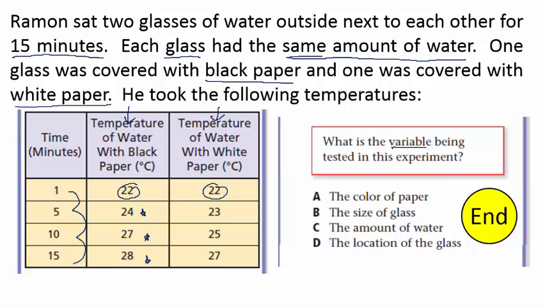What's different is what you got to ask yourself. Well, the difference is we covered one with black paper and another one with white paper. We wanted to see what the difference was. Clearly something's happening. The black paper is getting warmer. We don't really have to explain it, but we do need to know that the color of the paper is the variable. So letter A is our choice here.